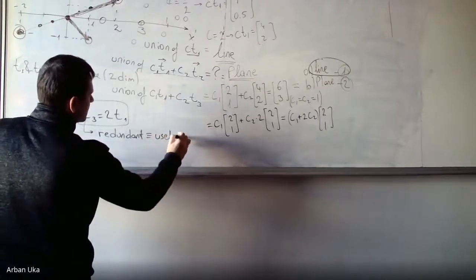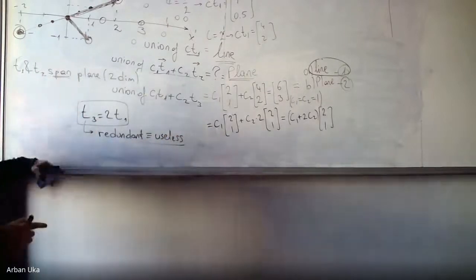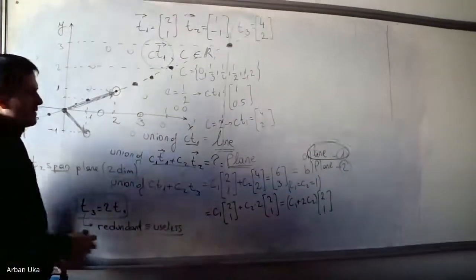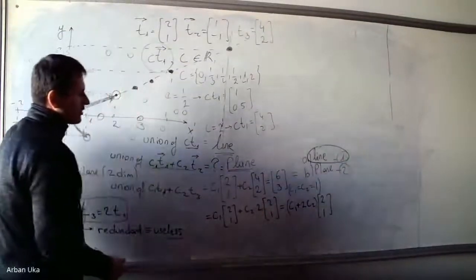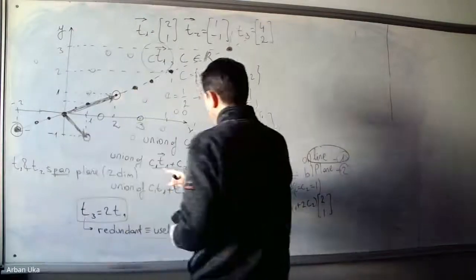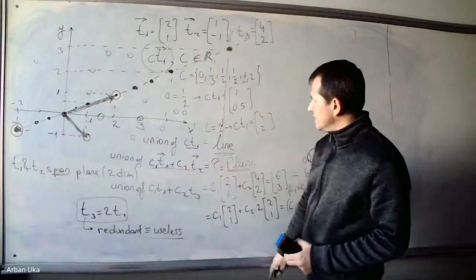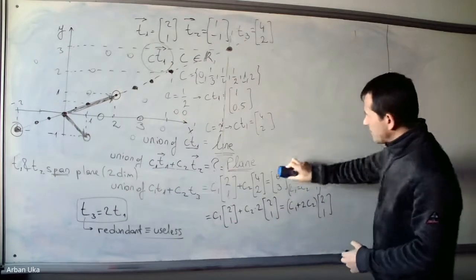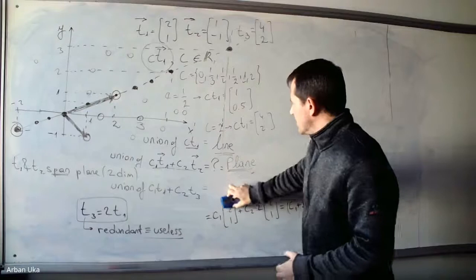We don't need it. The information provided by T3, which is twice T1, can be covered by this. So the correct answer here is that the union between C1, T1 and T2 is a plane, and here, maybe I can erase this, now this is a line.